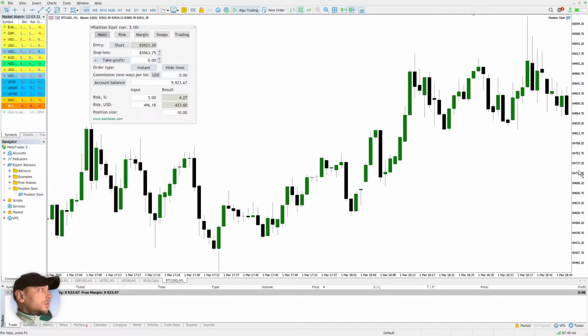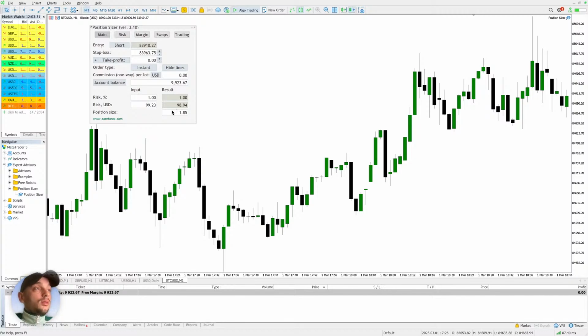All you need to do is put your stop loss, and once you put the percentage you want to risk, it will automatically lock your risk. So in every deal, you won't risk more than 1%.